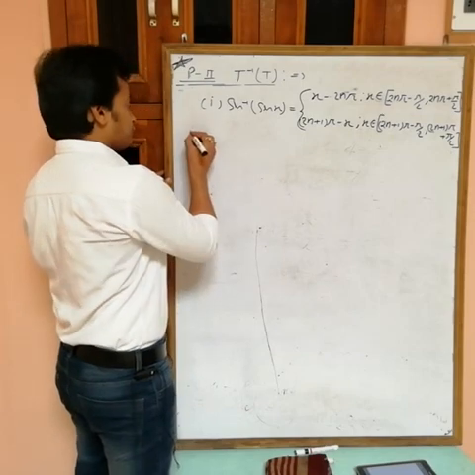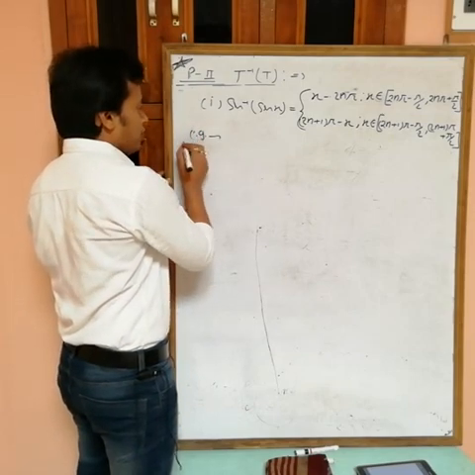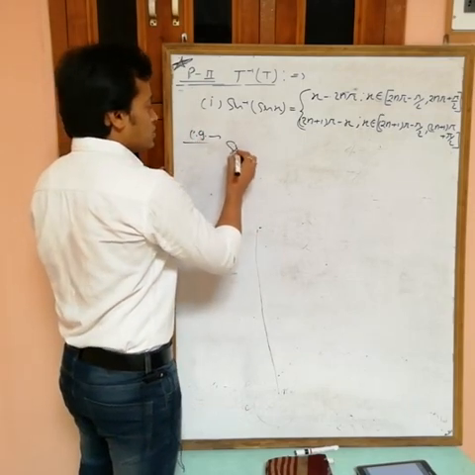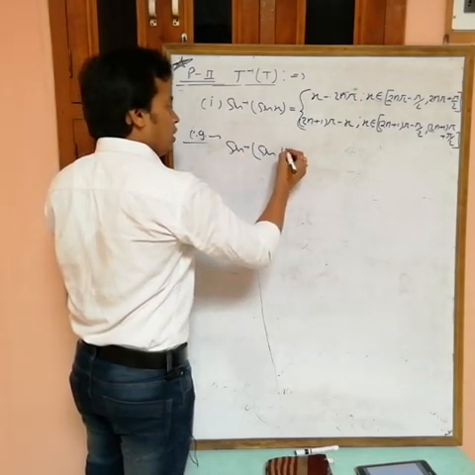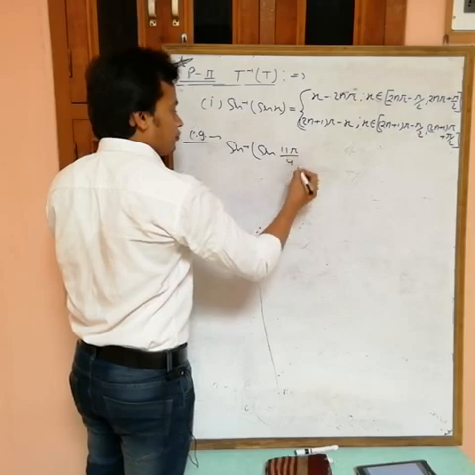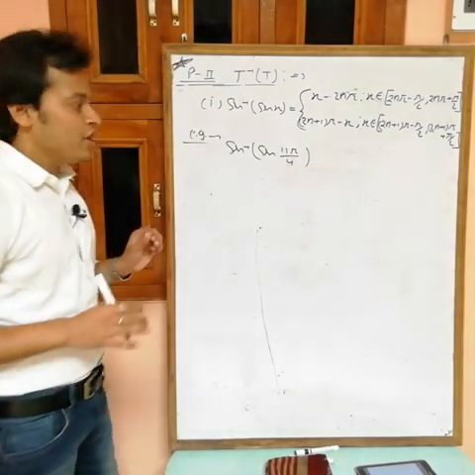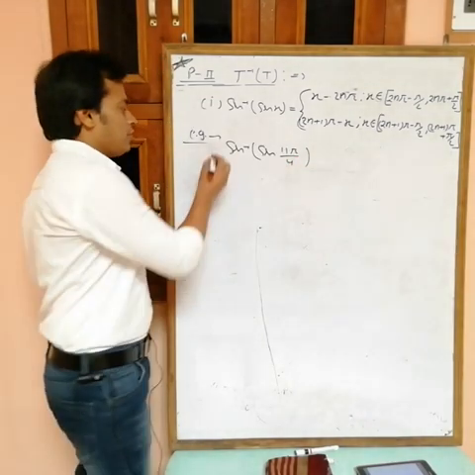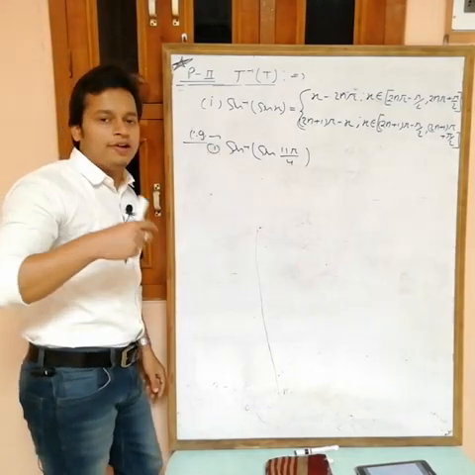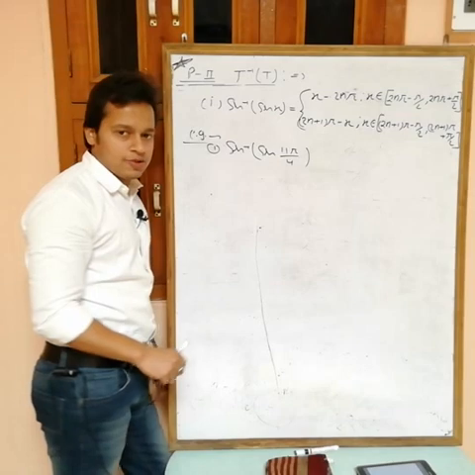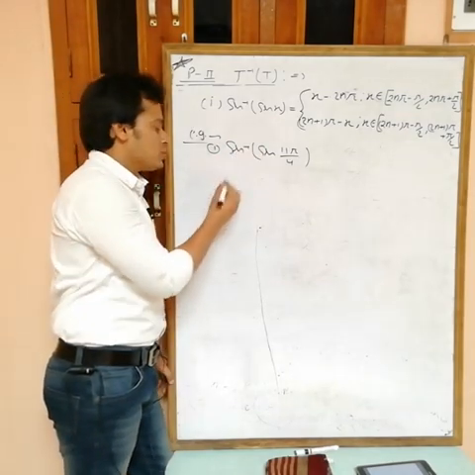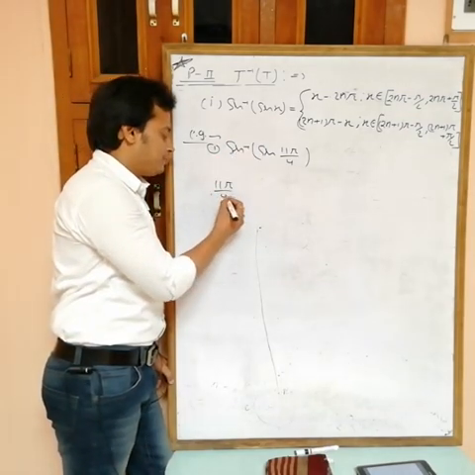Now see, for example, I am taking an example for this one. Sine inverse of sine 11 pi by 4. Suppose this is sine inverse sine 11 pi by 4. Now find the value of this one. First check whether I can cancel out sine inverse and sine. If you cancel out sine inverse and sine, what are we getting? 11 pi by 4.